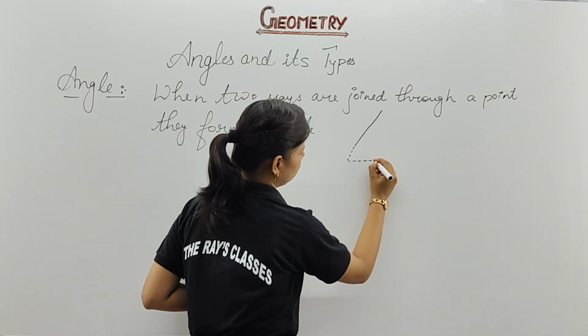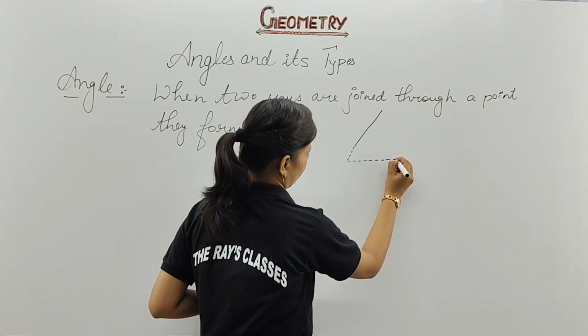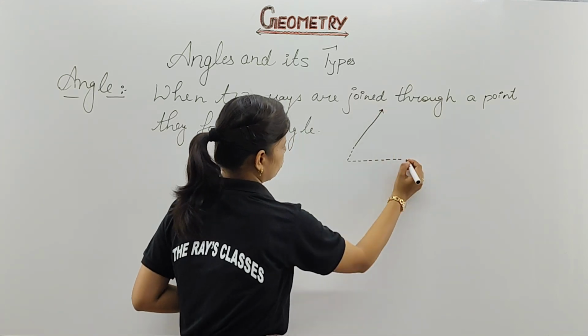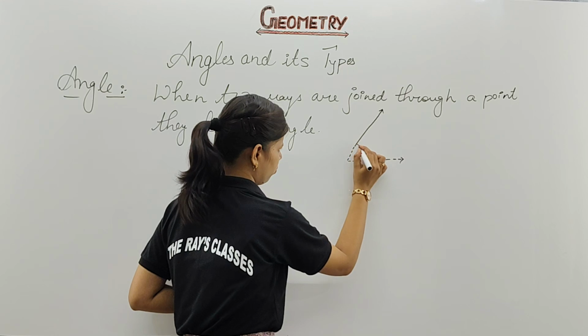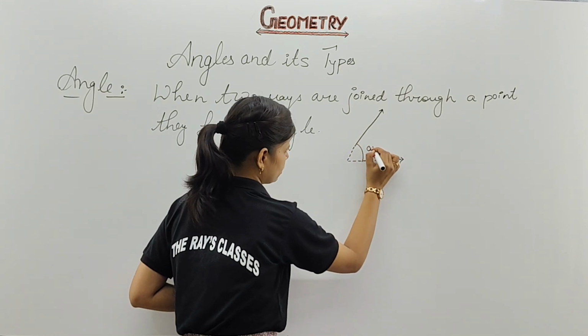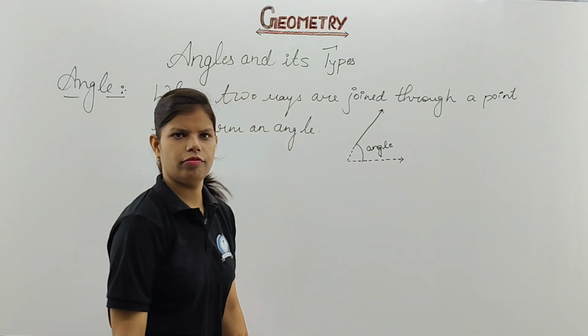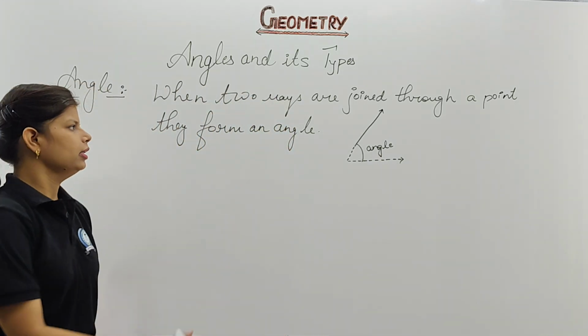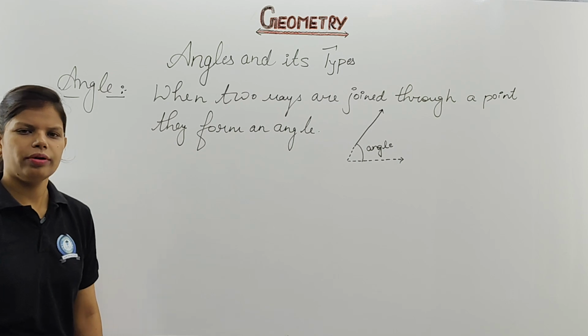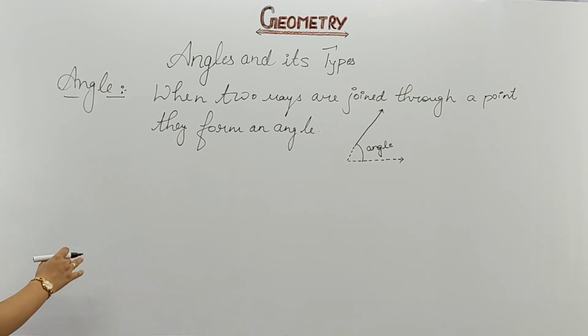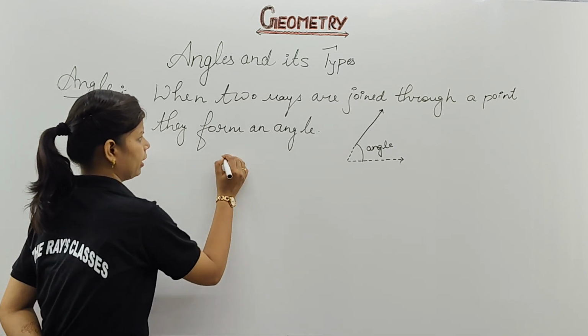It will form an angle. So when two rays combine together, they form an angle, and this point of yours is called the vertex. Will it be okay for you to understand? Clear? Now the next point of ours will be the types of angles.